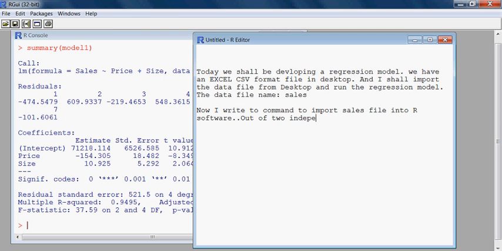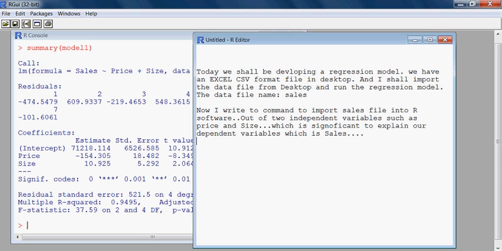Now my question is, out of the two independent variables, price and size, which one is significant to explain our dependent variable, which is cells? What is the guideline?